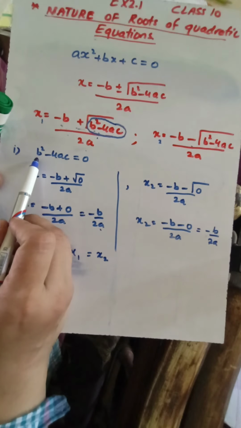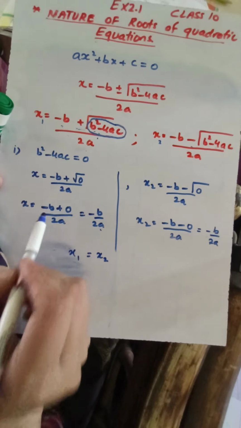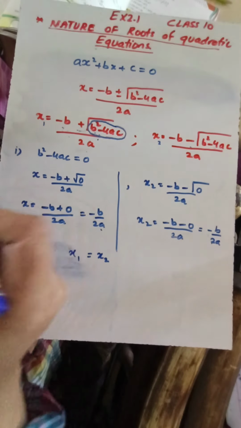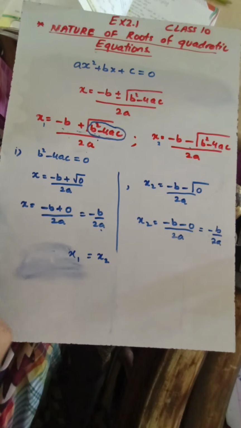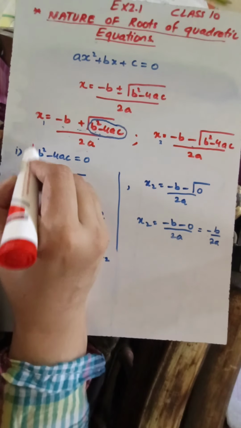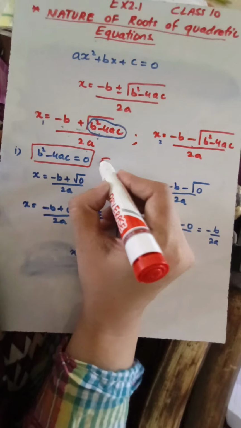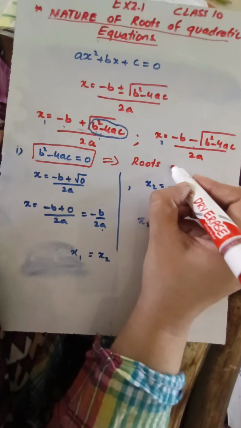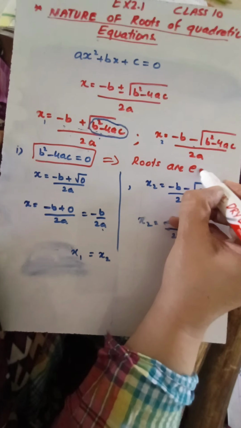So according to all this discussion, we can say that if b square minus 4ac is equal to 0, the roots are always equal. Okay, so you are going to note this down. If b square minus 4ac is equal to 0, then this implies that roots are equal. They will not be distinct.